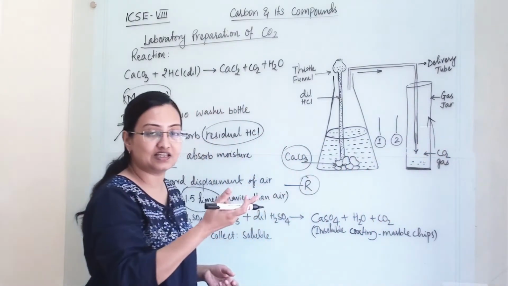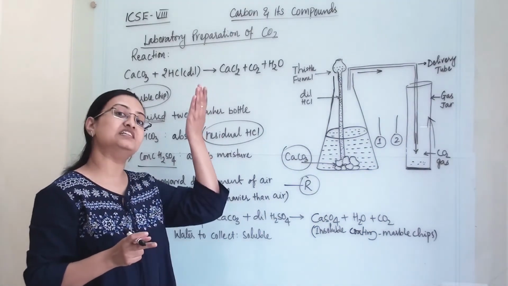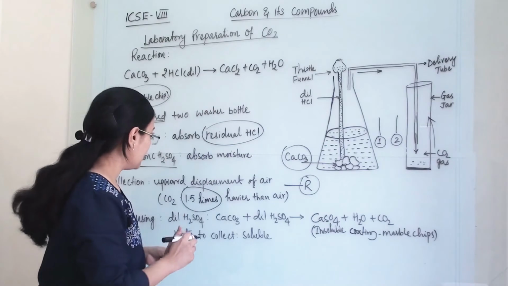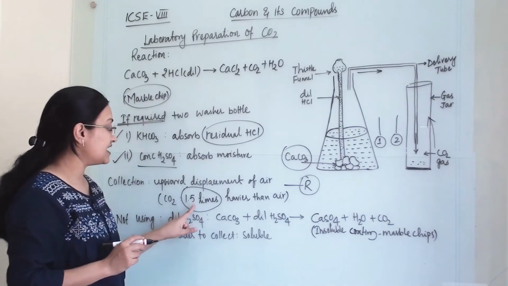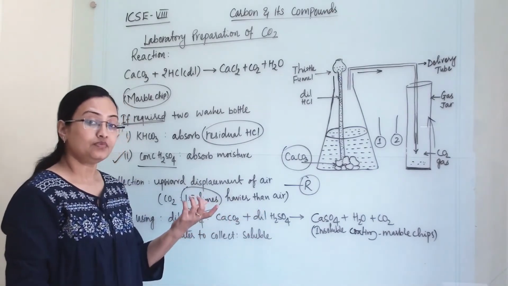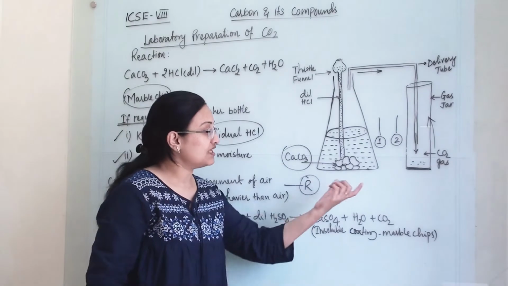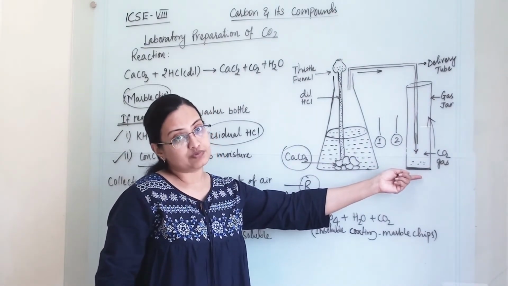So we say that we are collecting carbon dioxide gas via upward displacement of air. Here you can write the answer that carbon dioxide gas is 1.5 times heavier than air. So it is quite heavy. That's why we can collect carbon dioxide gas via upward displacement of air.